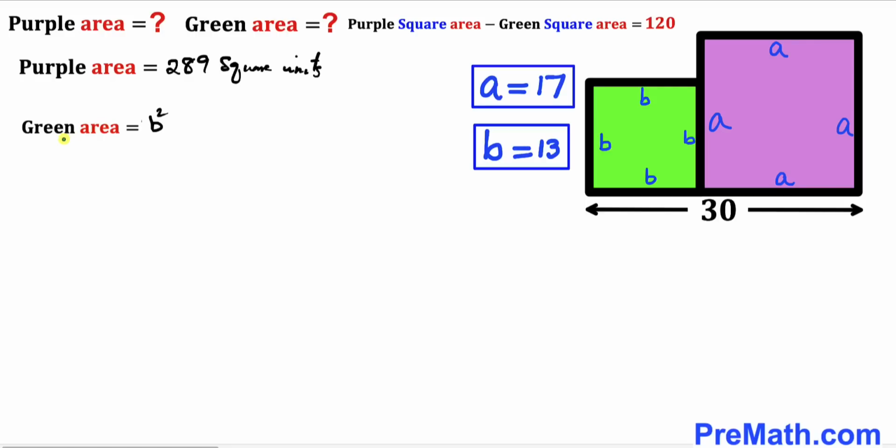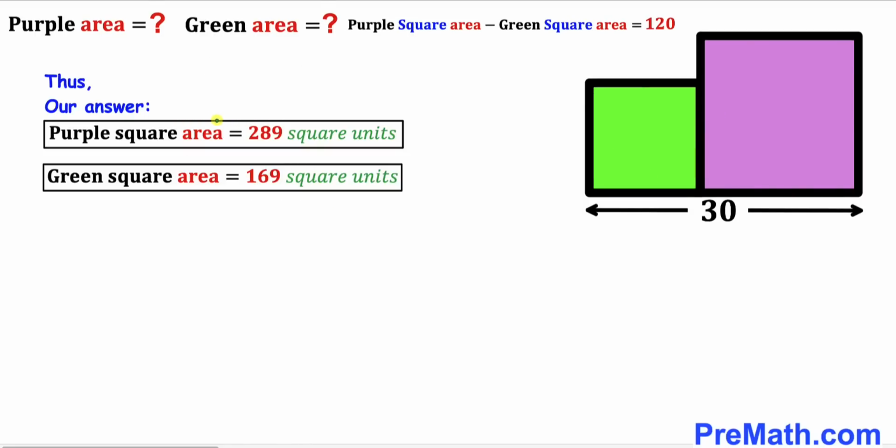Likewise, we are going to calculate the area of the green square as well. The area of the green square is lowercase b squared, and our b value is 13. So that gives us 13 squared, which is equal to 169 square units as well.